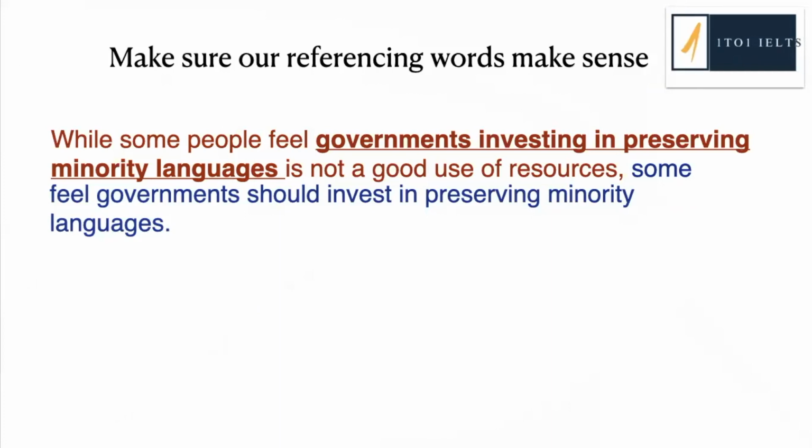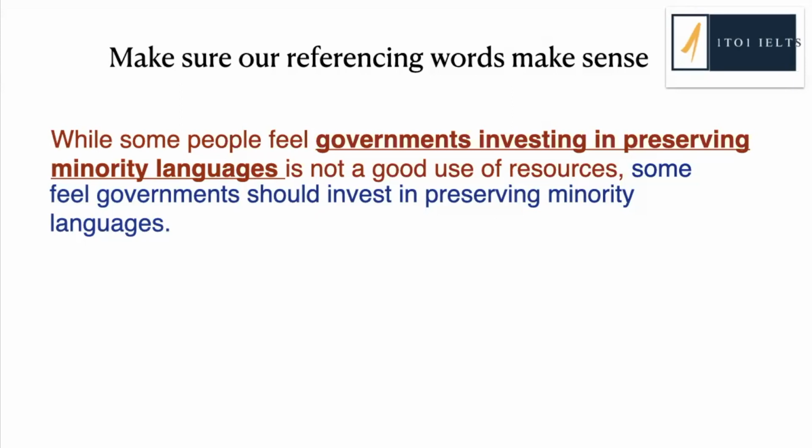If we look at these two clauses at the moment, they look really repetitive. The first one was talking about governments investing in preserving minority languages, and the second one is also talking about governments should invest in preserving minority languages. This is super repetitive, and this does not look like a well-structured sentence. And this is the beautiful trick here.